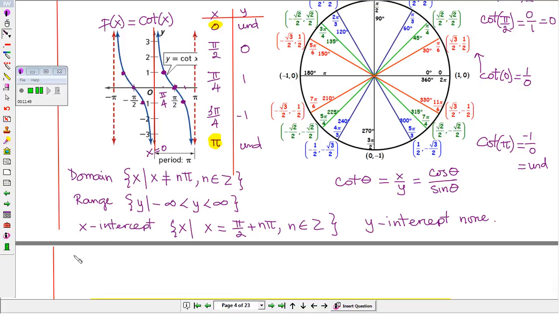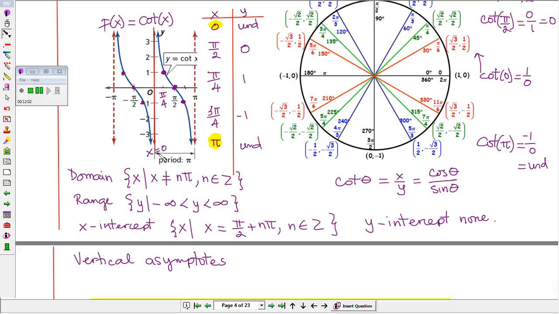Now let's move on to the vertical asymptote. So we know that for each period there are two consecutive vertical asymptotes where the period is pi.